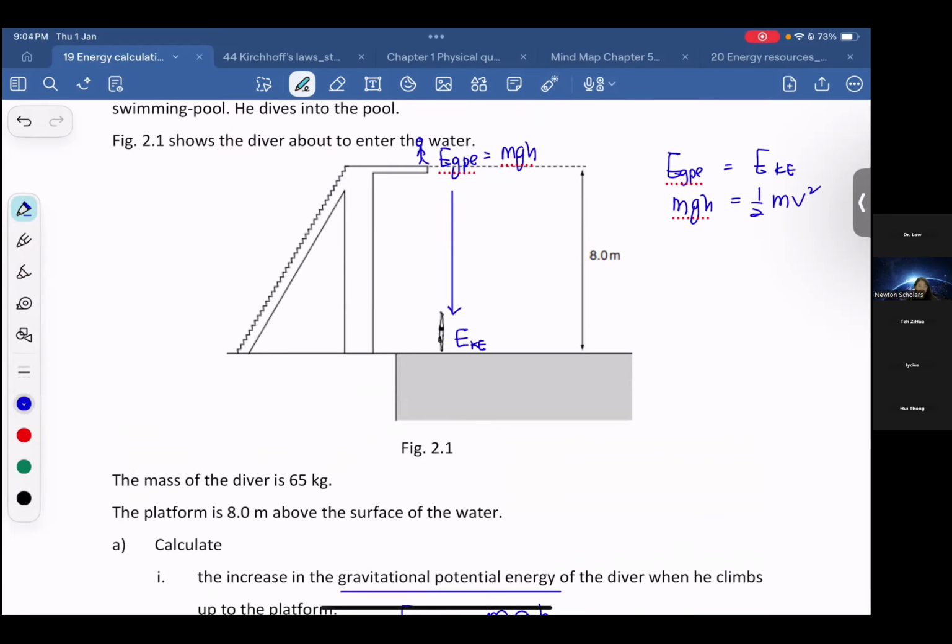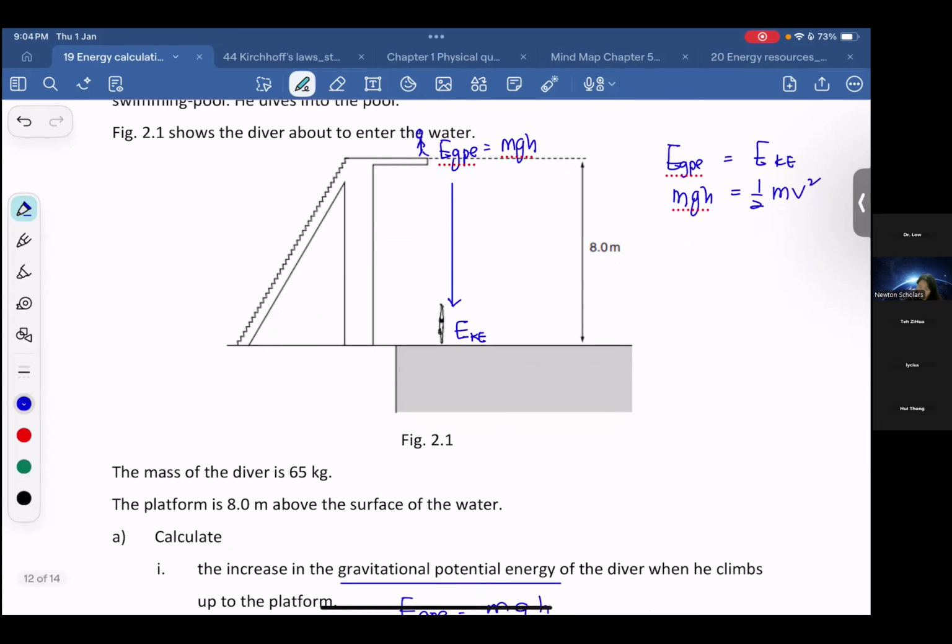Do your calculation. Yes, Angeline, correct. 65 times 9.8 times the height 8 equals 1/2 times 65 times v squared. So what is your v? Zihua, the unit is wrong.